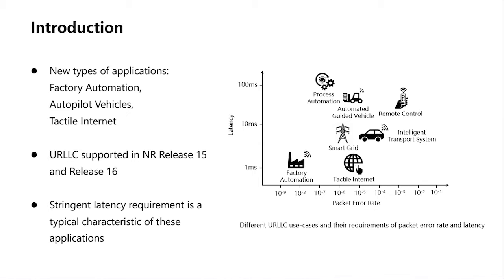The figure on the right shows some different use cases and their requirements of latency and the packet error rate. Many new applications such as factory automation, autopilot vehicles, tactile internet, they all have stringent latency requirements to ensure the safety and real-time performance.